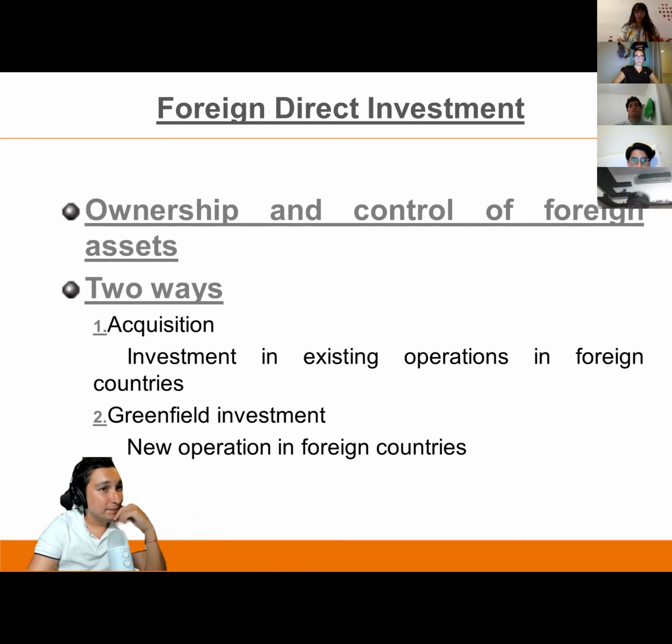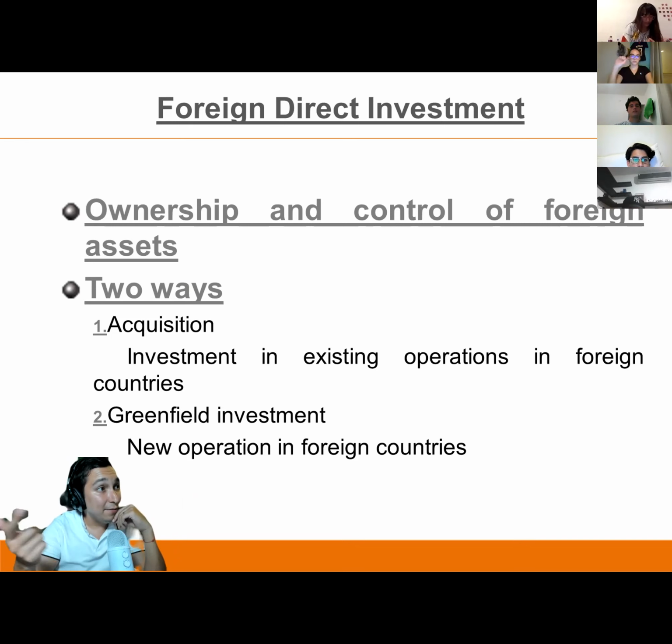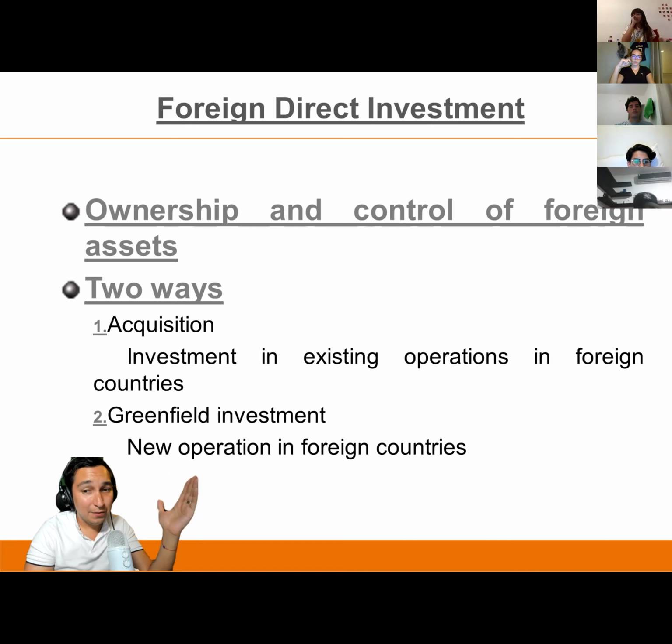Cheap labor, and they have a good electric infrastructure. More than electric, there is a great software development approach. So it's cheaper to have developers in India, and they are great developers. Mano de obra calificada. It's one of the main reasons.